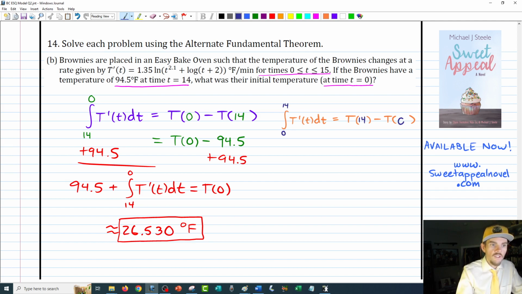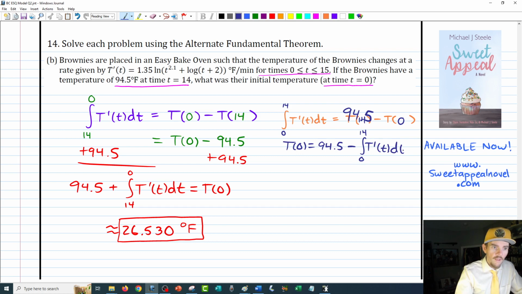This will be T of 14 minus T of 0. We know T of 14 is 94.5. And so now I need to solve for T of 0. So I'm going to add T of 0 to the left side and subtract the integral. That will give me T of 0 equals 94.5 minus the integral from 0 to 14 of T prime of t dt.